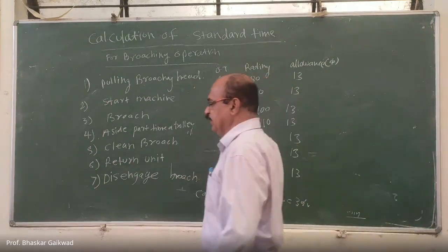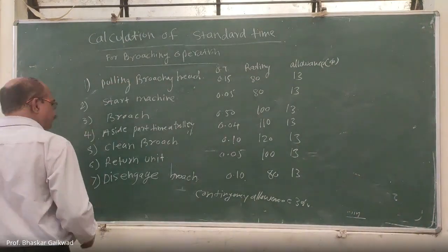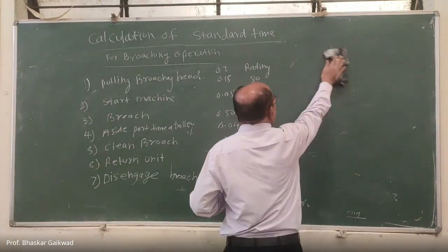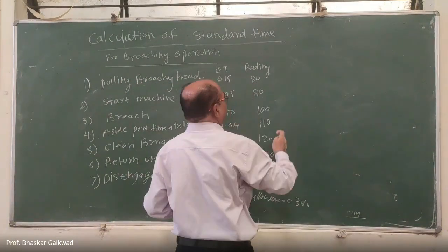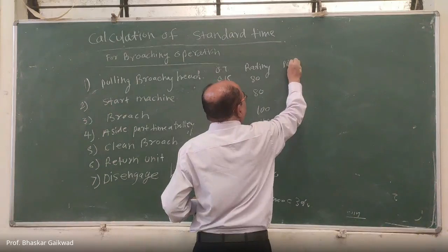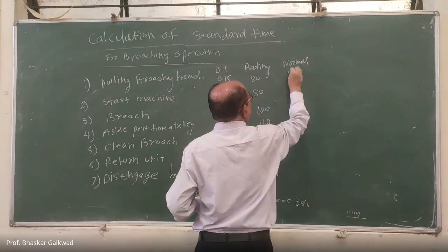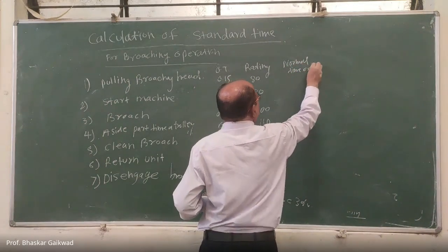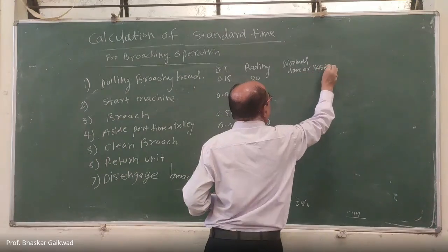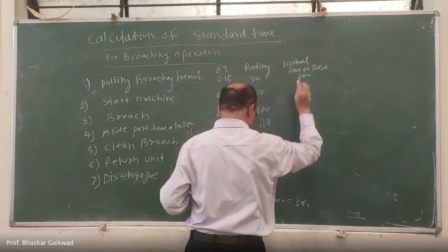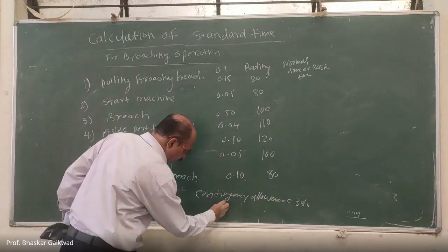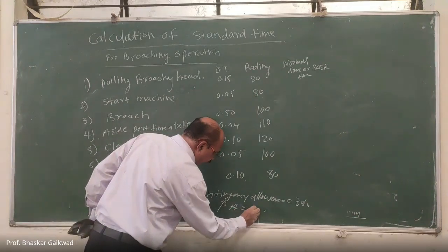So we can go here and say normal time or basic time, because our personal allowance is 30%.